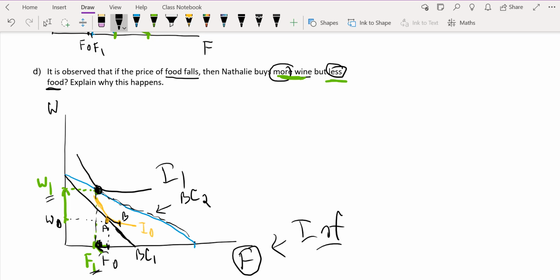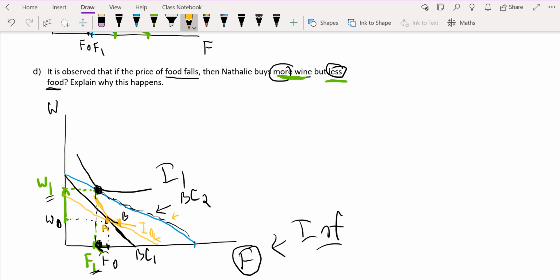Now going back to our discussion of the mechanism here, if Natalie's substitution effect takes her to this point B, we can draw a parallel line to the new budget. Initially she was there, but now it's right there, and at this point we can choose a hypothetical parallel line, and to jump from this yellow line to the blue line, we just need to have an income effect.